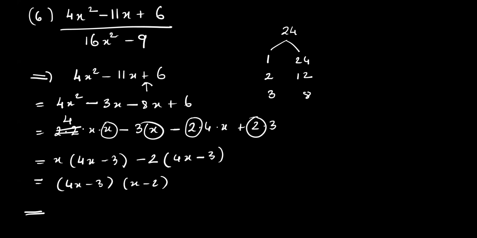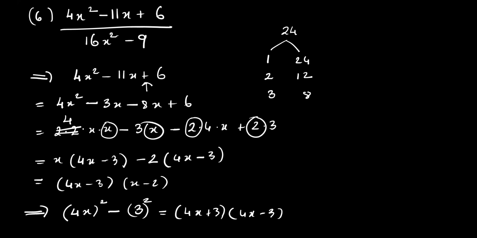Same way, if I look at the denominator, it looks very much like a square minus b square. So 16x square I'll write as 4x the whole square. 4 square is 16, x square is x square, minus 9 is 3 square. So now it looks like a square minus b square, and the answer is 4x plus 3 and 4x minus 3.